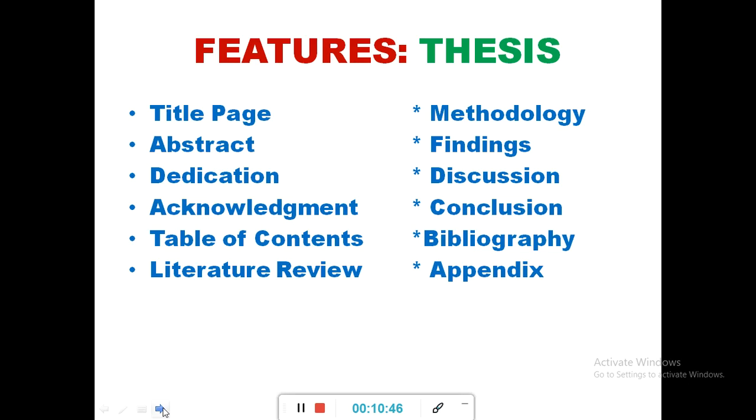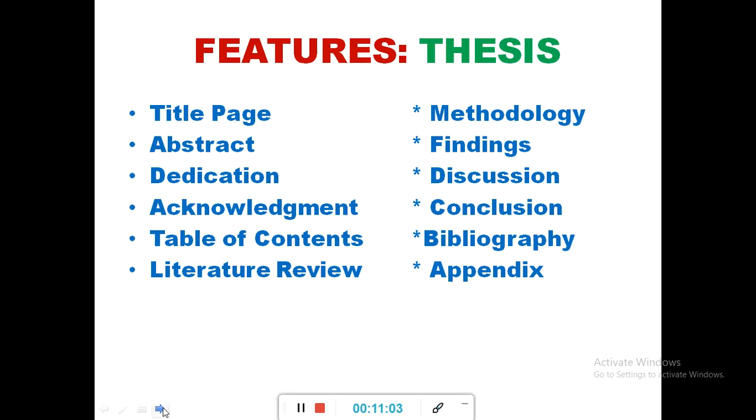So methodology is the method of the research, the approach you are going to use, and then after that you have your findings. Having used your methodology, what are your findings from the research or from the study?